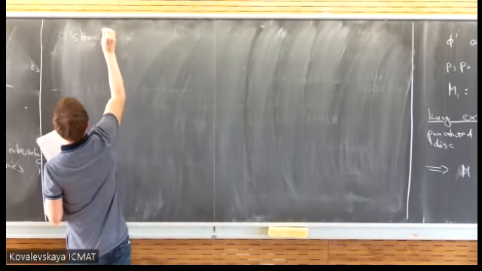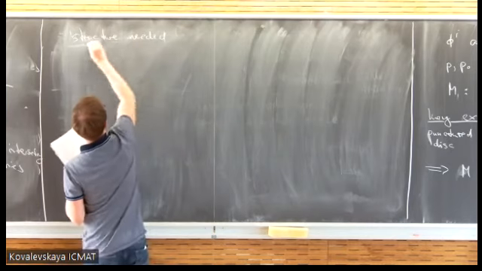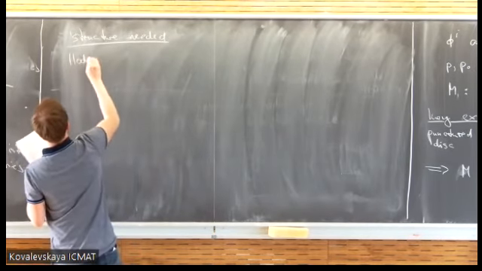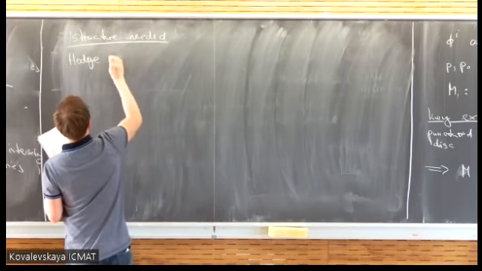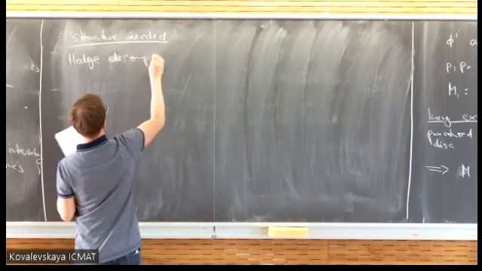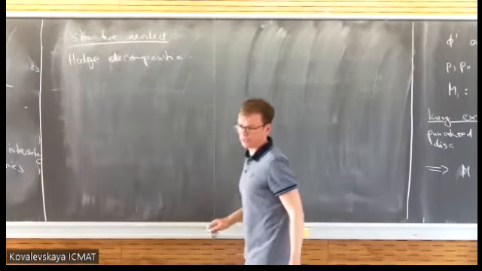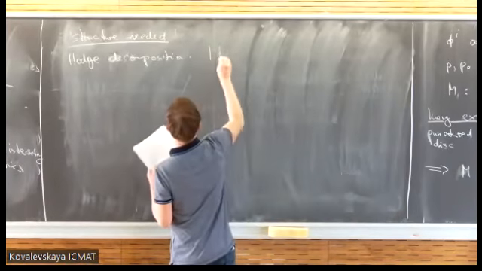Okay. And so we need more structure, and this structure comes from the Hodge decomposition. So remember, we have a Kähler manifold, and every Kähler manifold has a Hodge decomposition.